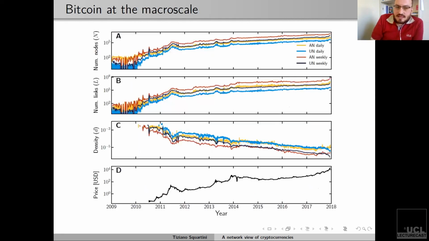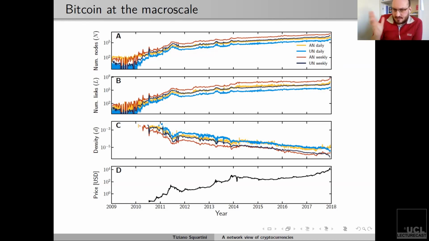Okay, so given these two representations, we analyzed the evolution of these two networks at different time scales, daily and weekly time scales. Actually, it doesn't change much. The behavior is basically the same for the different representations, the Bitcoin address and user network, at both daily and weekly time scales.